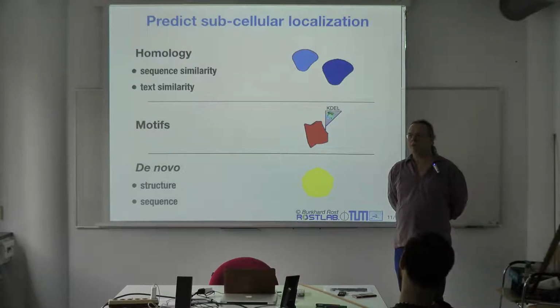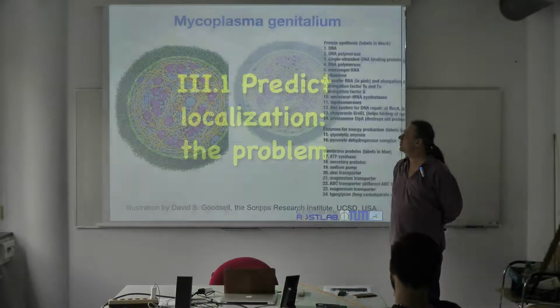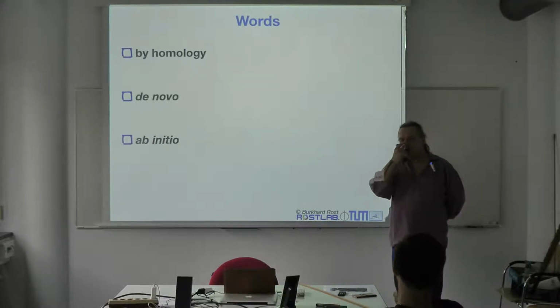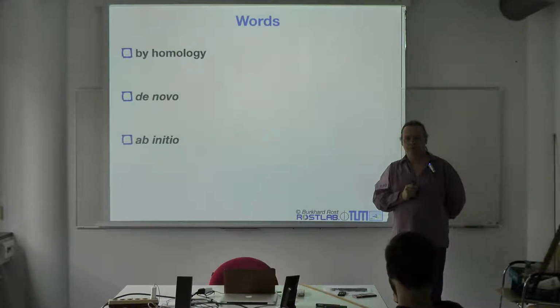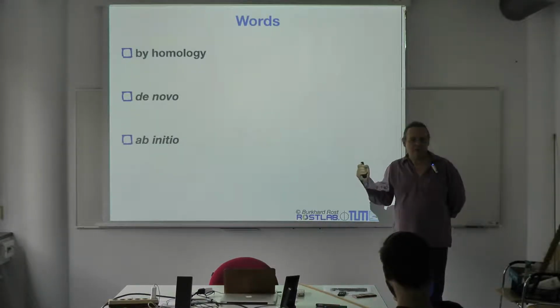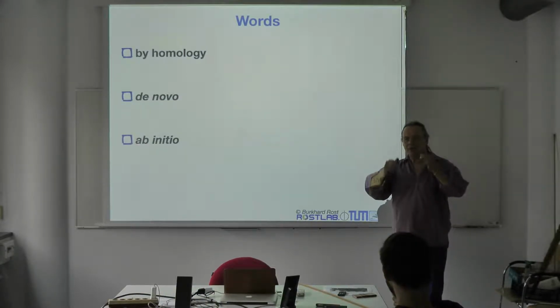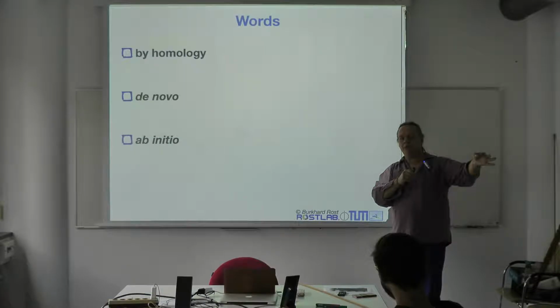Okay, so we are getting back in some sense to these words here. So when we predict by homology and we remove all homologs from the data, it does not work. Okay. Full stop. The homology-based inference means exactly the inference for that particular protein that is homolog.